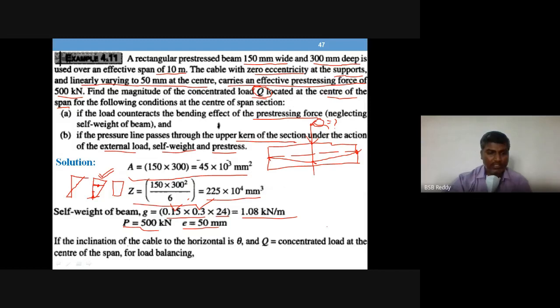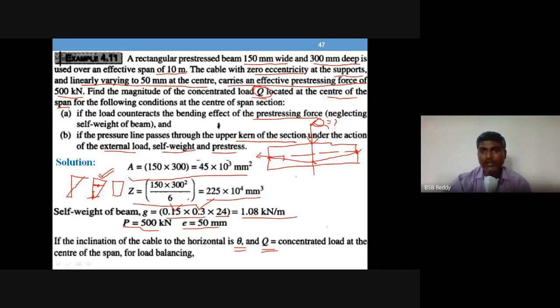Right. If the inclination of the cable to the horizontal is taken as theta, okay, so you have to balance the Q value with the exact reactions that are being developed due to pre-stressing only, right? So you have to calculate Q for such case. Okay, so to get the reaction value from this force, this is a force line where force is acting along this line.